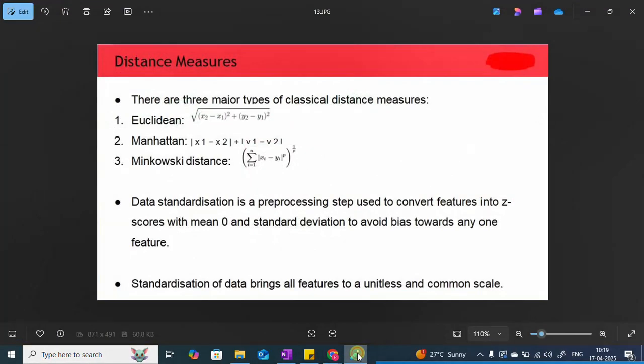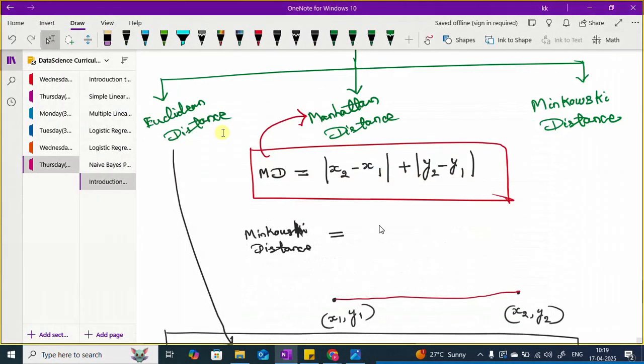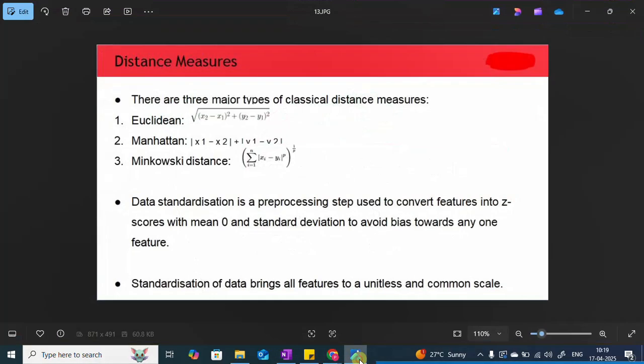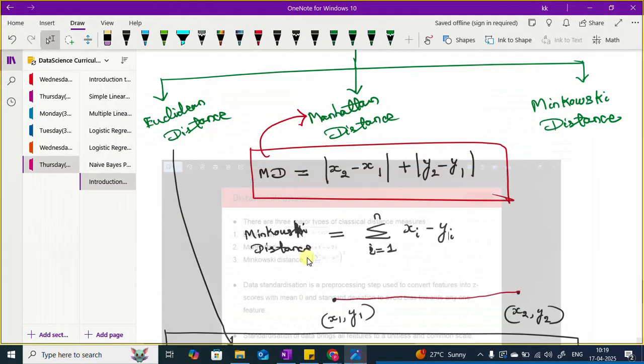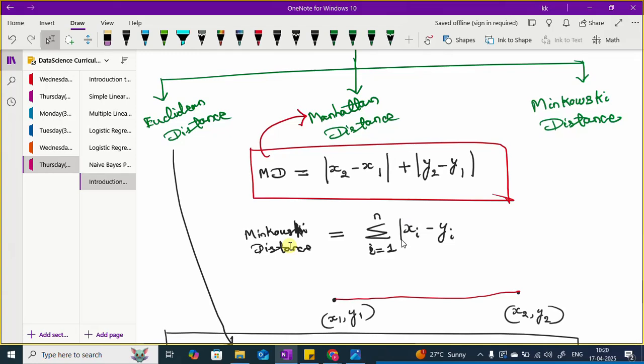First, what I have to do, I have to take the sum of all the measurements, that is, let's say i equal to 1 to n, xi minus yi. All the data points, not only one or two data points. Xi minus yi, I am taking the modulus so that it will avoid the negative term, to the power of p. Then the whole to the power 1 by p.